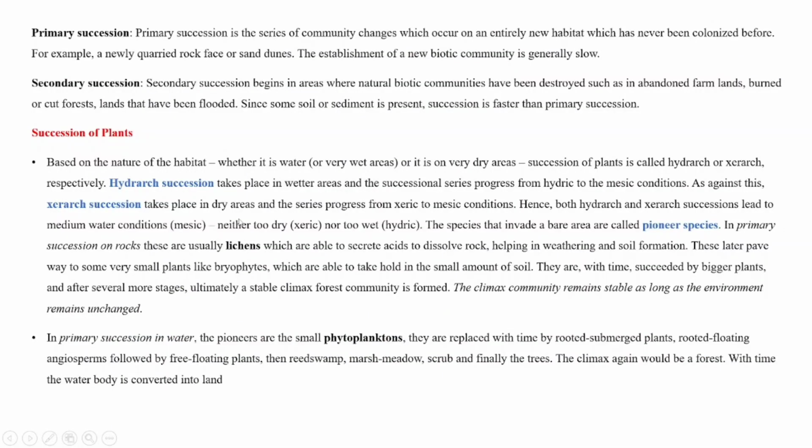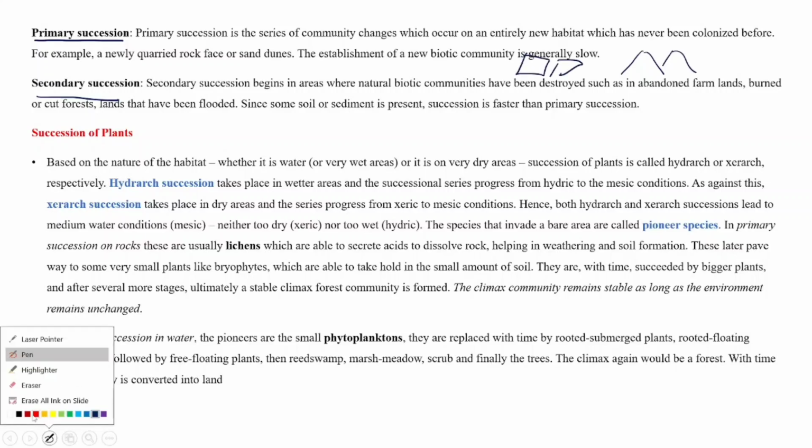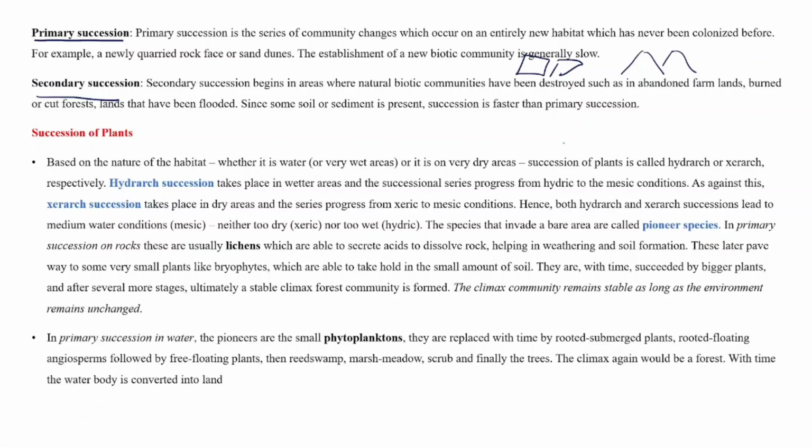Now, ecological succession is of two types: primary succession and secondary succession. What is primary succession? Suppose this is a rock or this is a bare area. What will happen? The first living form that grows on this bare area, this process, the first living plants or living organisms, the first life form that exists, is called primary succession.